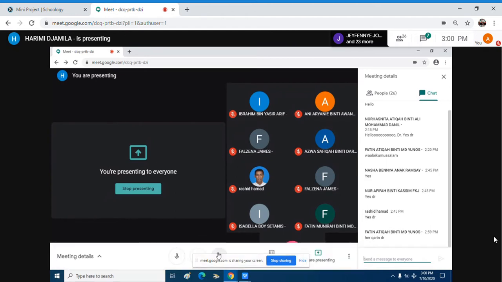Okay, I can see here, I am not sure how I managed. I start to see the names of Ibrahim Ben Yasser, Annie Aryan, Fazina James, Azwa, Rashid Hamad, Fazina James. As I mentioned, these two, Isabel, and Fatin Munira.